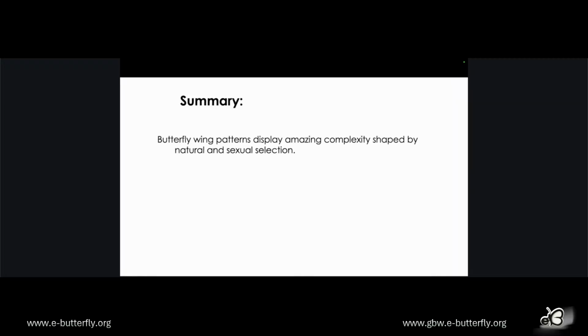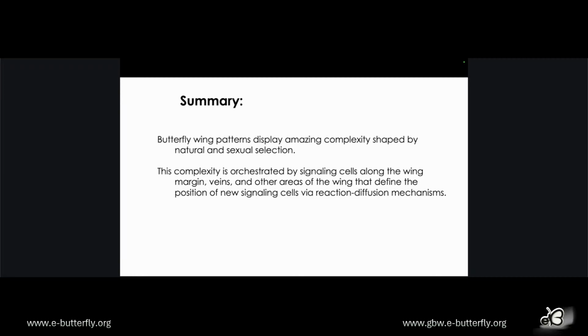So in summary, butterfly wing patterns display amazing complexity that is shaped by both natural and sexual selection. Those are the selective forces that drive these changes if they are beneficial for survival or for finding a mate.